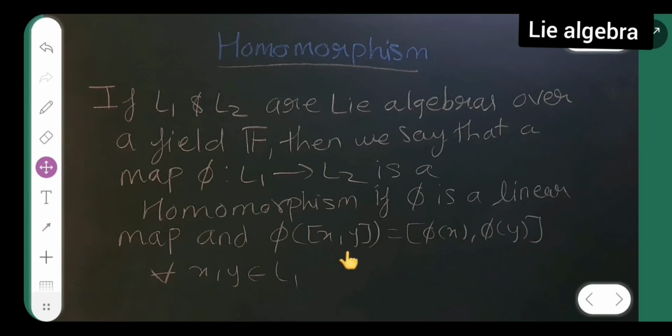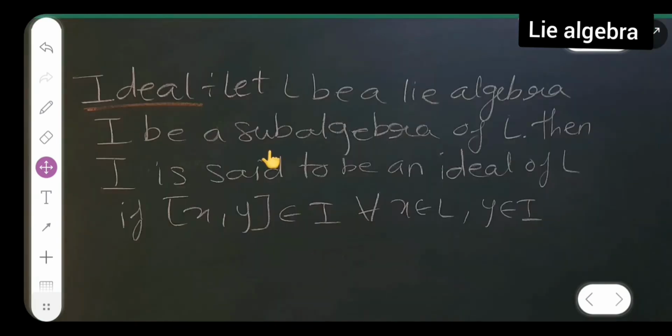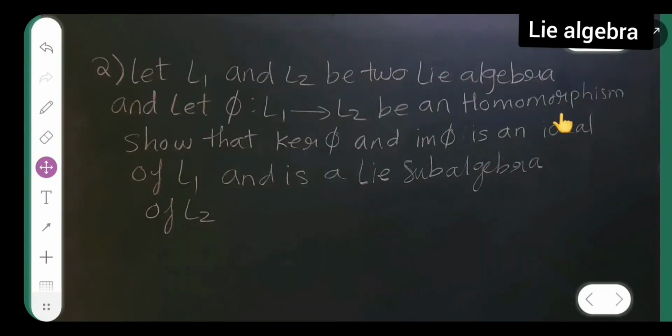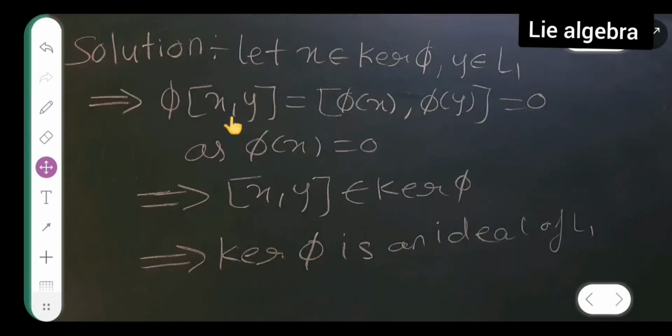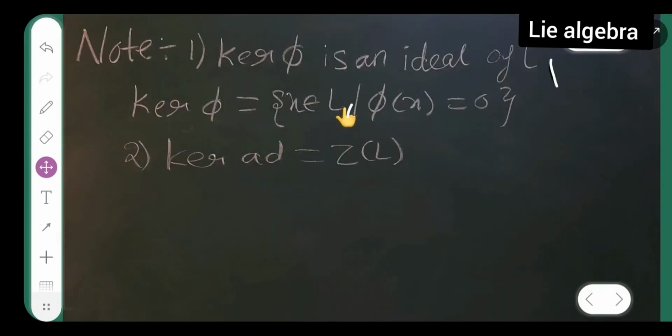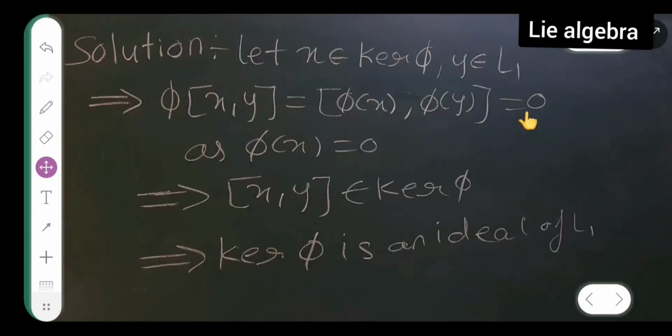So I have brought this here, okay? From this, and this is equal to 0 because of this. What is the kernel of phi? Where phi of x is equal to 0. Hence phi of x is equal to 0.